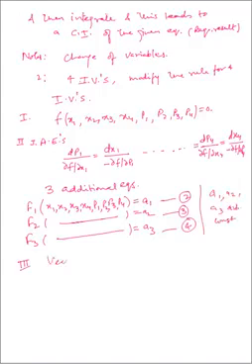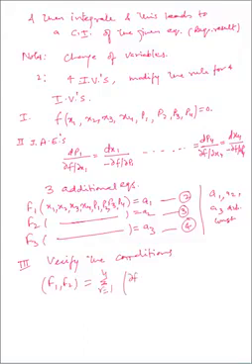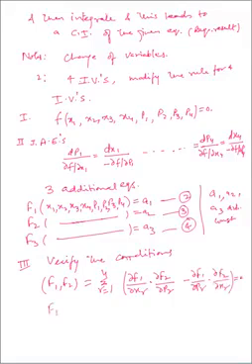What will we verify? The conditions. The condition [f1, f2] is equal to sigma r is equal to 1 to 4 of del f1 upon del xr into del f2 upon del pr minus del f1 upon del pr into del f2 upon del xr is equal to 0. Similarly we can write for f2, f3 on the same lines, and we can write down f3, f1.